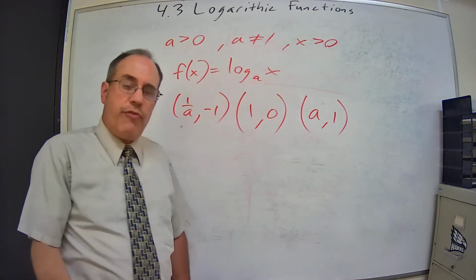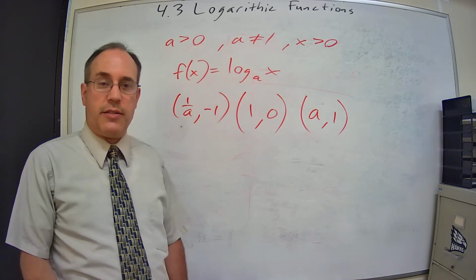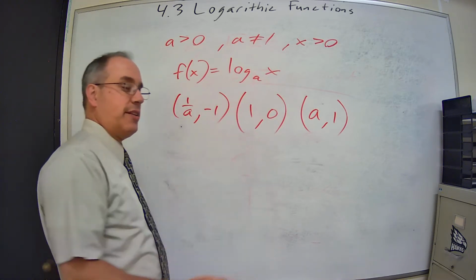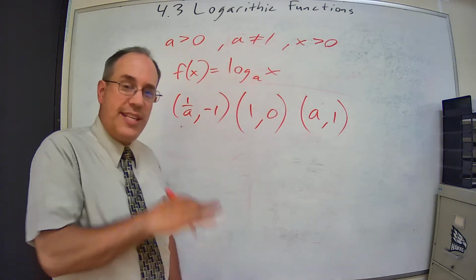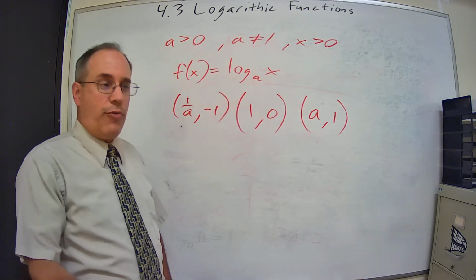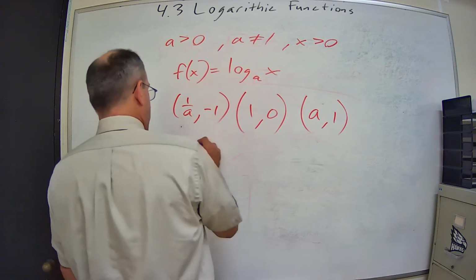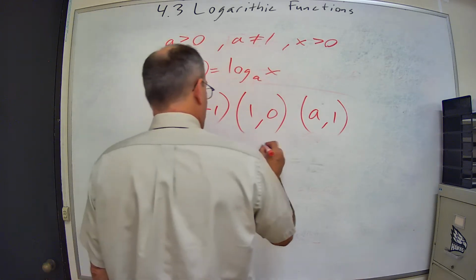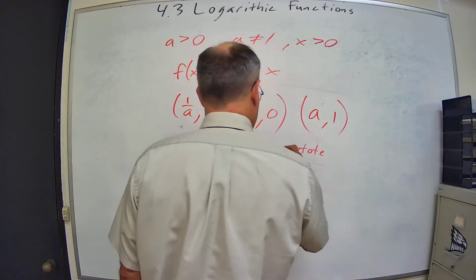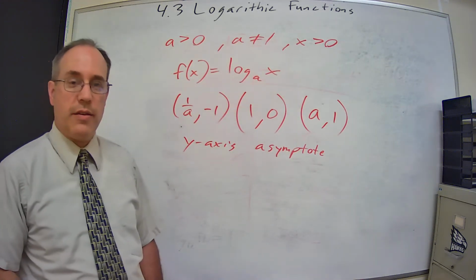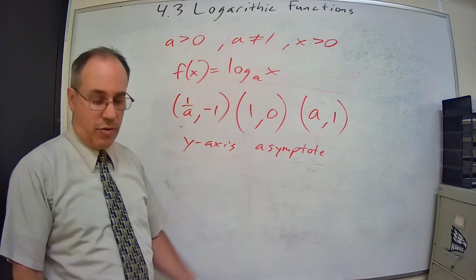And with the thought of the flipping or reflecting over the line y equal to x, we should also recognize that we had an asymptote for exponentials that was the x-axis. Well, if we flip that over the line y equal to x, that means that the y-axis becomes an asymptote. So we have the necessary information to be able to start graphing this.